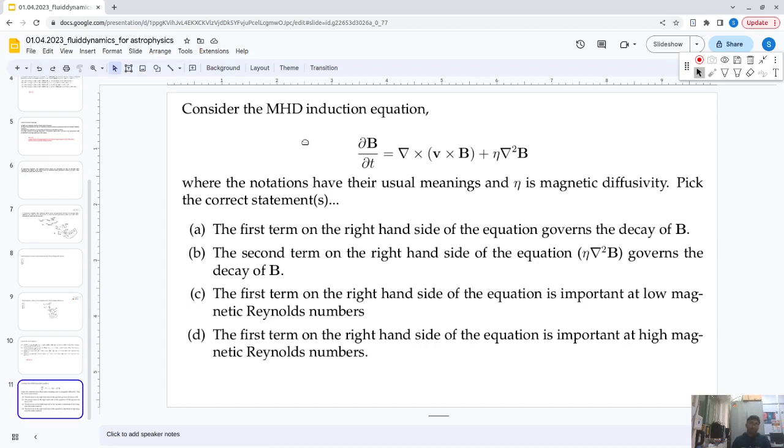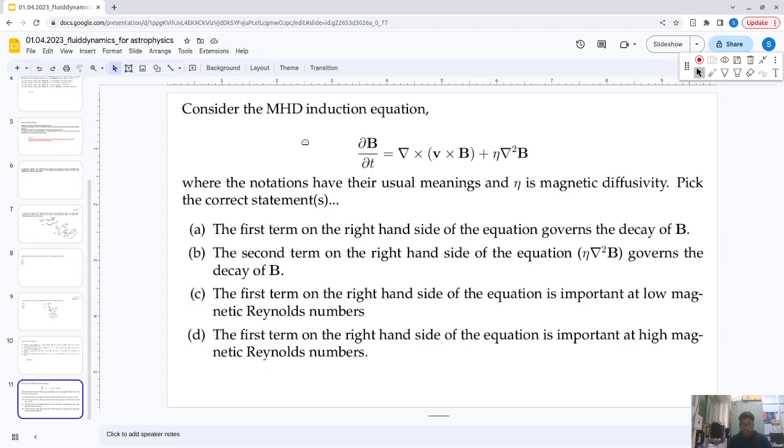Let's say you have two magnetic field lines in which the magnetic field vector is going in opposite directions. So over a smaller length scale you have plus B and minus B. There is a steep gradient, so grad square B will be large. In that case there will be magnetic diffusion from one side to the other.